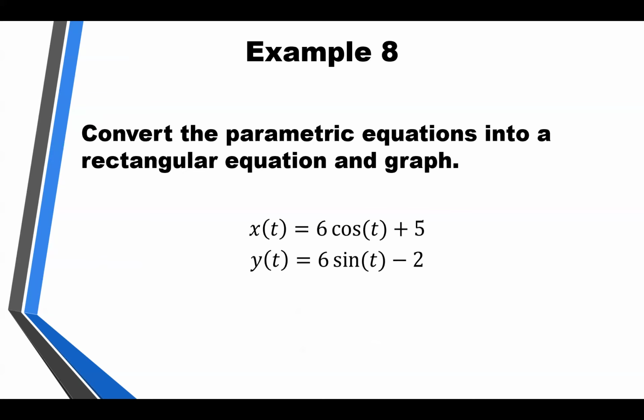So let's say we have a pair of parametric equations, one of which involves cosine of t and the other of which involves sine of t. We want to turn those into a single rectangular equation and graph it.